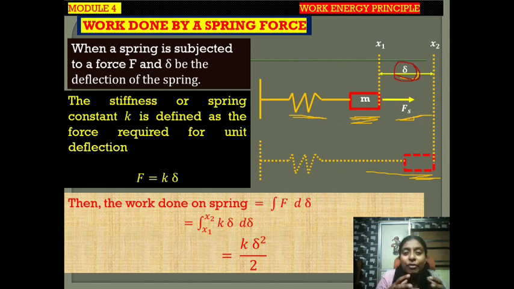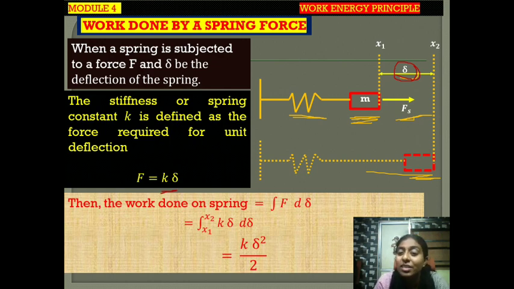Stiffness means how much force is required to produce unit displacement. In order to displace this object, what is the force required? That is the definition of stiffness. The spring constant K is used to relate the force and displacement.